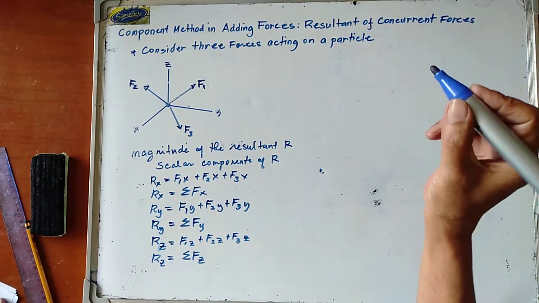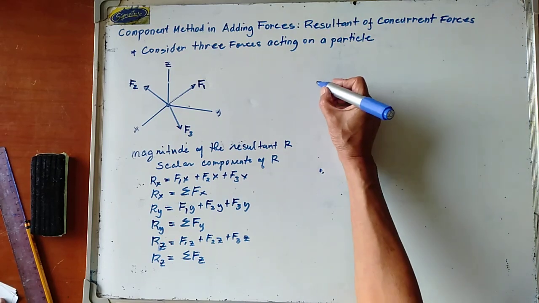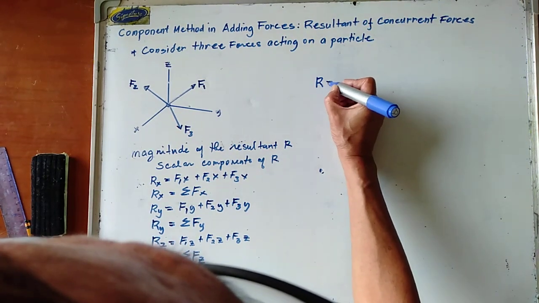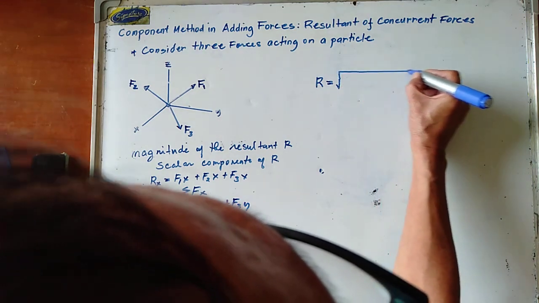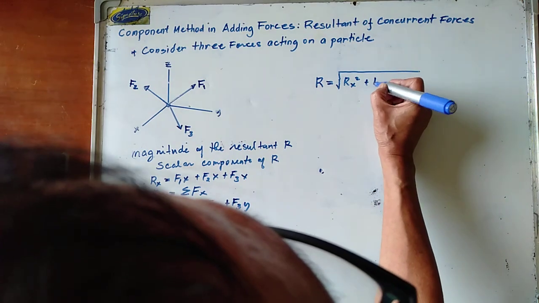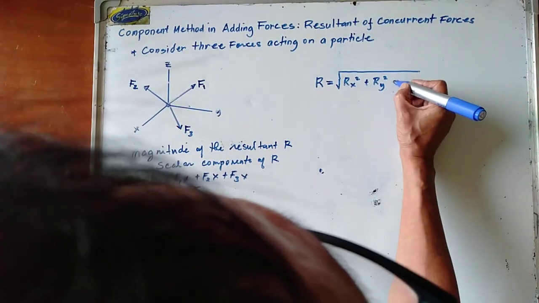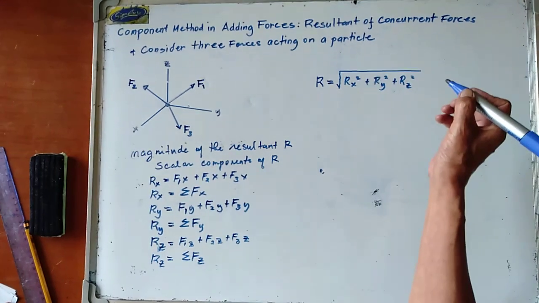Now, the magnitude of the resultant R is equal to the square root of Rx squared plus Ry squared plus Rz squared.